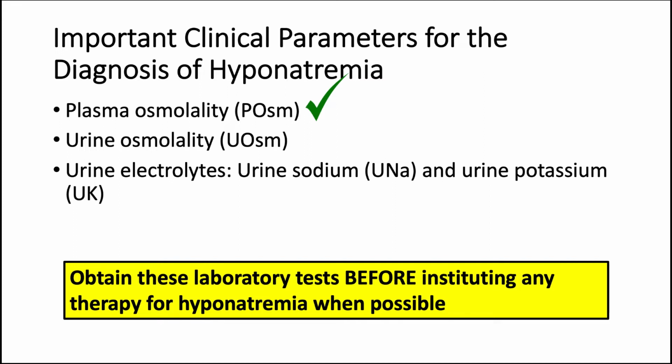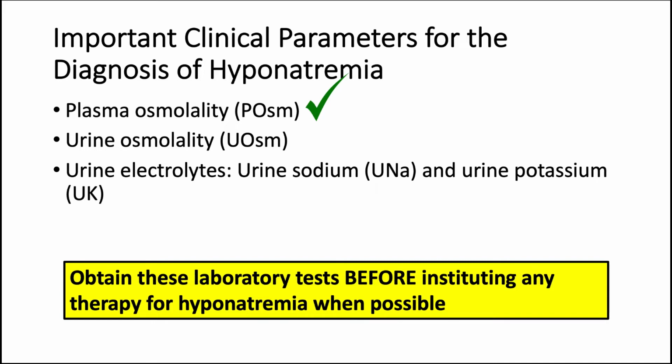If you have somebody with SIADH, as we're going to see, you can make the hyponatremia worse by giving normal saline. If the patient has hypovolemic hyponatremia, then by giving normal saline, you're going to turn off ADH and cause a water diuresis that could result in rapid sodium correction, and you're going to have to deal with that later on.